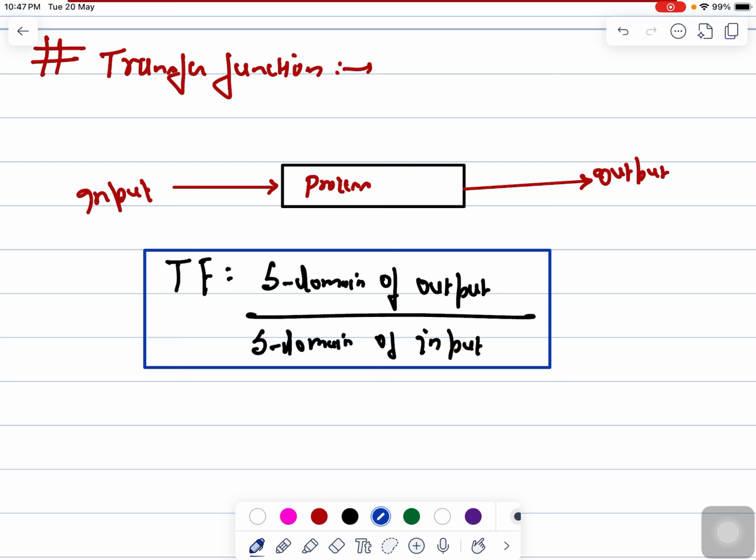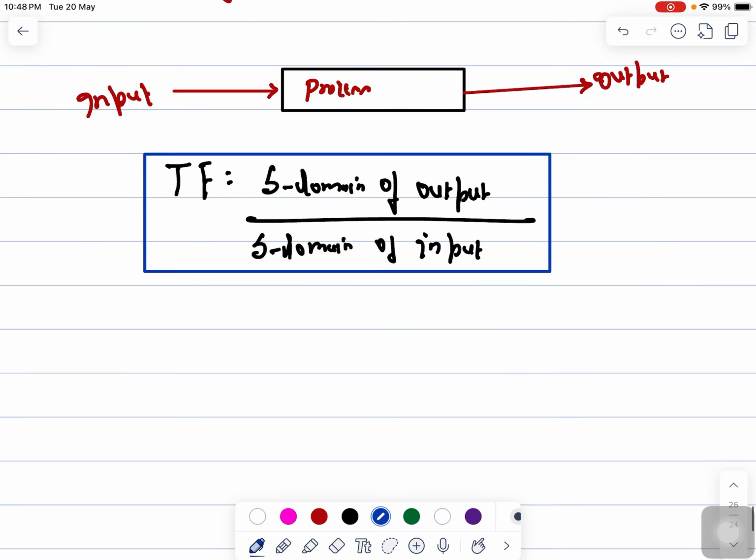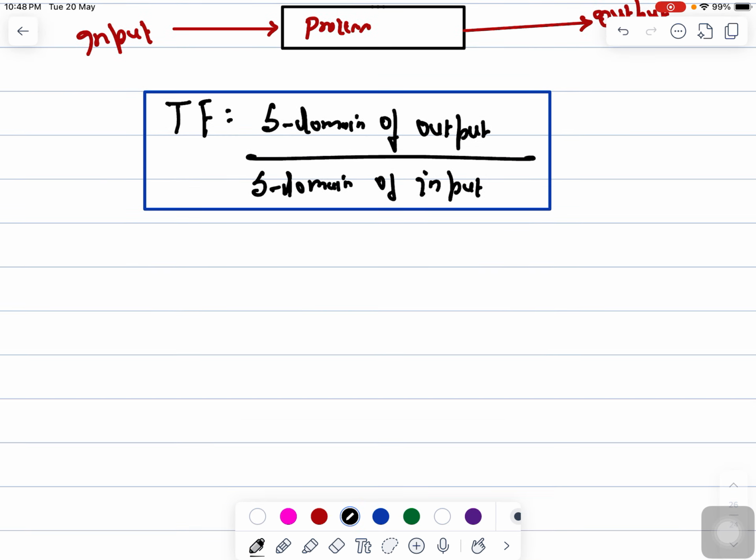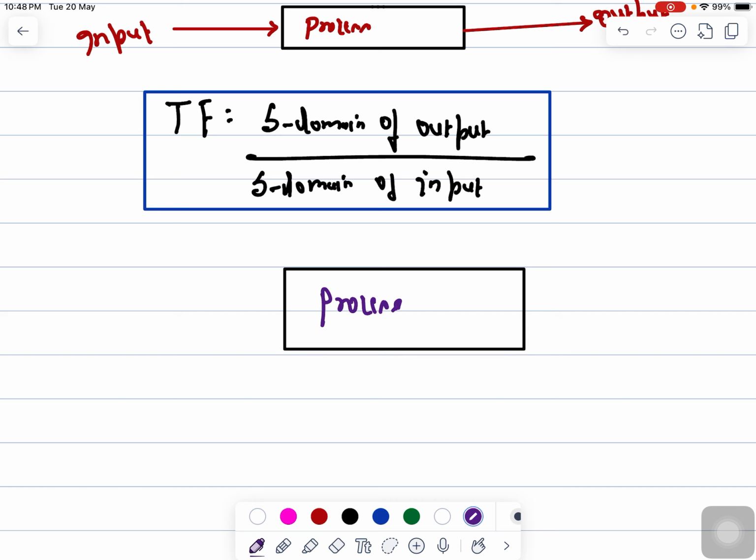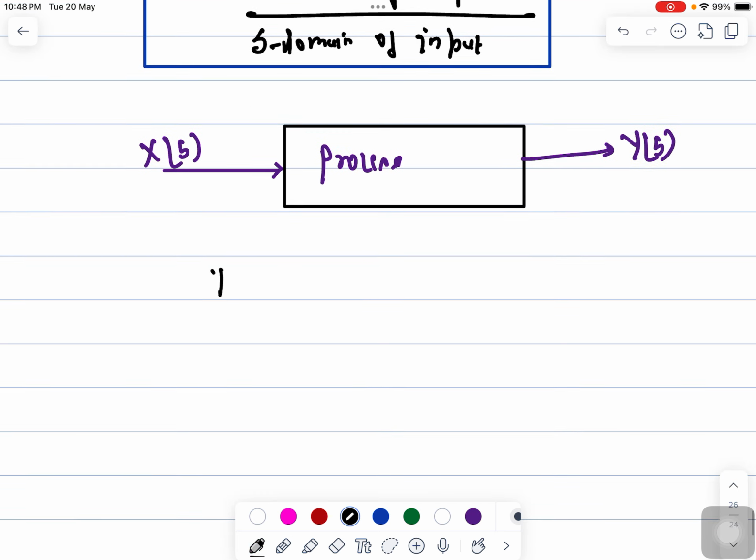So basically, when I am talking about process dynamics and control in our chemical engineering topic, you will be having a process, right? Here there will be a process, and the input I will denote as X(s), which is in the S domain, and the output I will denote as Y(s). So the transfer function of this process can be written as Y(s) divided by X(s).